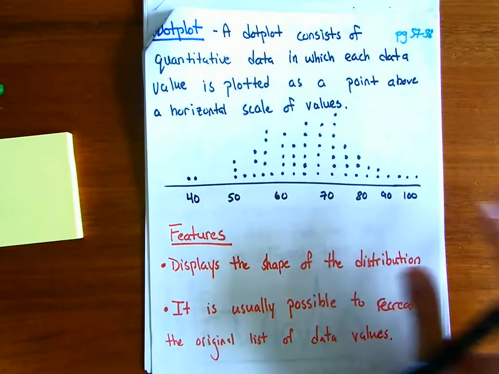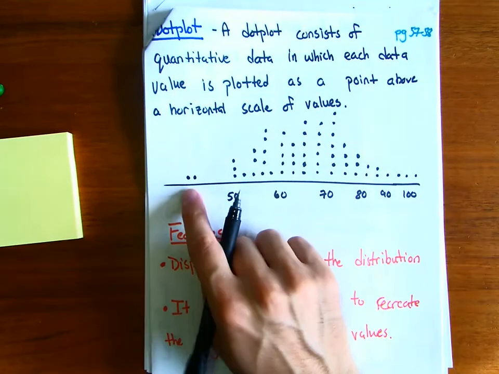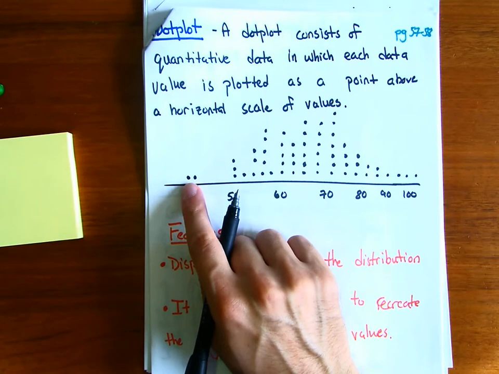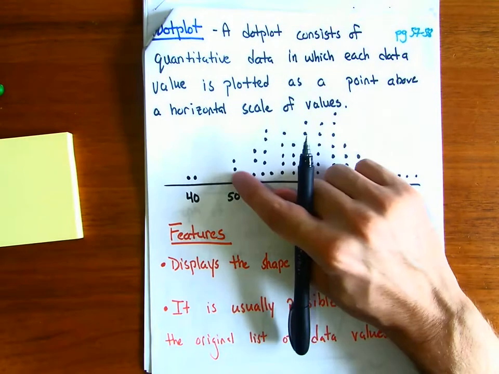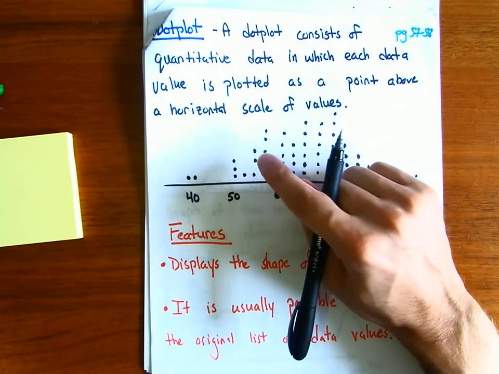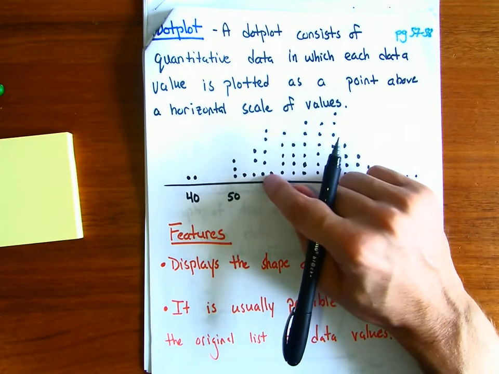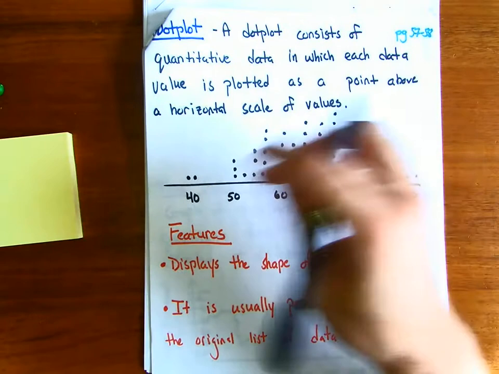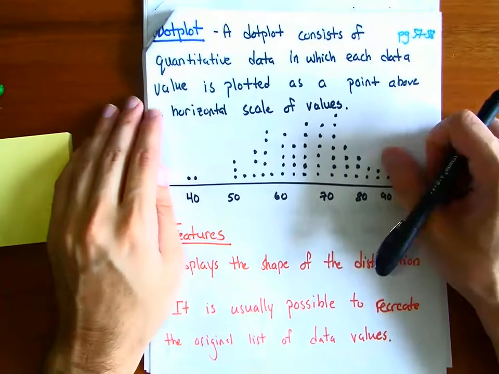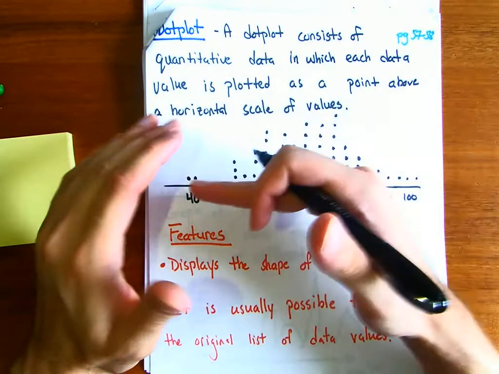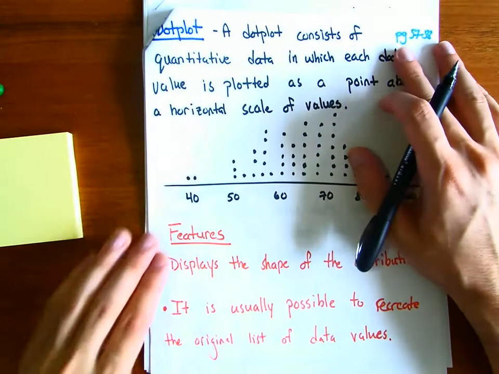How do I interpret these dots? This would be maybe 40, then 41, and then I have three 50s, maybe a 51, 52, 53, whatever the case may be. If you take a bunch of data values and plot them on this horizontal line, we call it a dot plot.